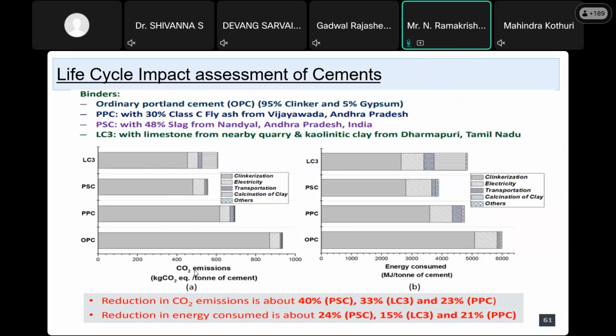So LC3 it is only 33% and PPC it is only 23%, compared to the OPC. Likewise, reduction in energy consumed is PSC 24%, LC3 15%, and PPC 21%. So from CO2 emissions, which one is better? PPC is better, and in energy consumed LC3 is better compared to the OPC.